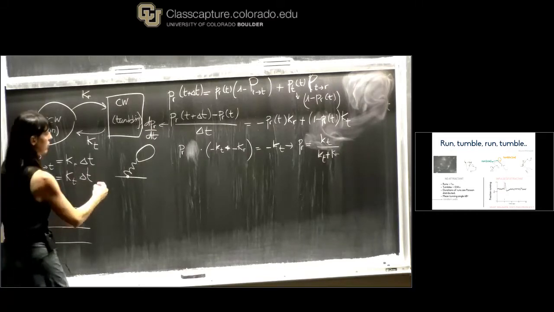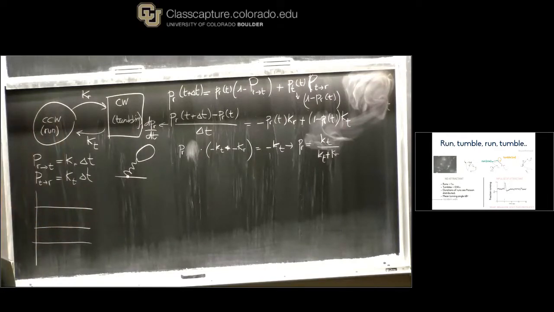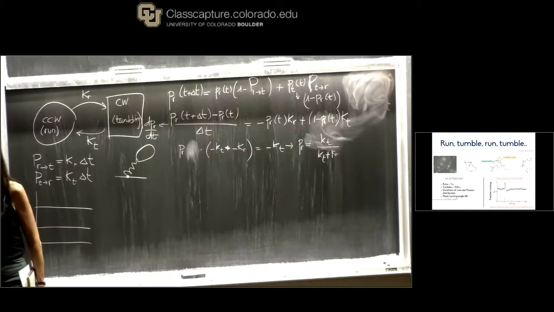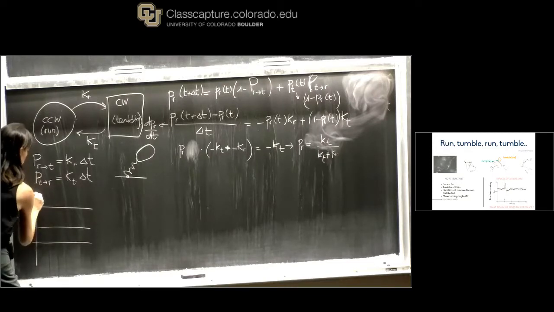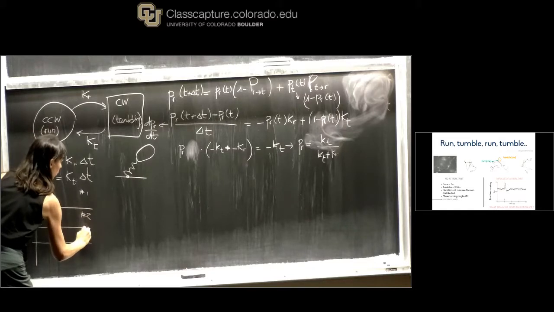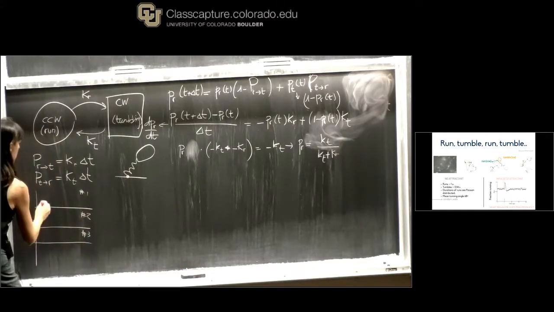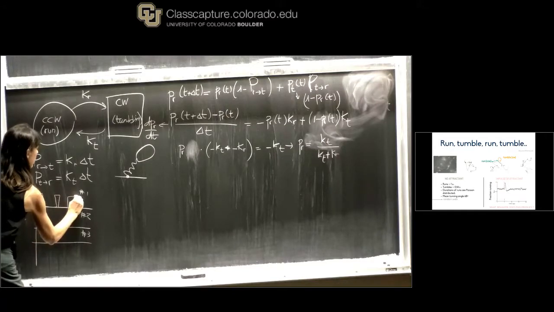By doing this, at time t equals 0, he would add a chemoattractant, and he would measure the fraction of cells that would keep running or keep tumbling, and measure the time courses. What I mean is, for each cell, this is cell number 1, this is cell number 2, this is cell number 3, and he would record for each cell its state.